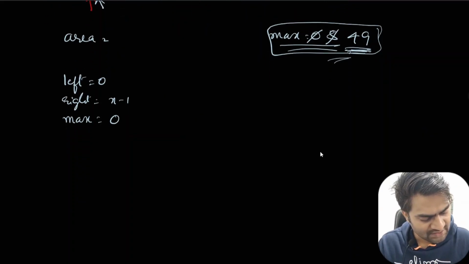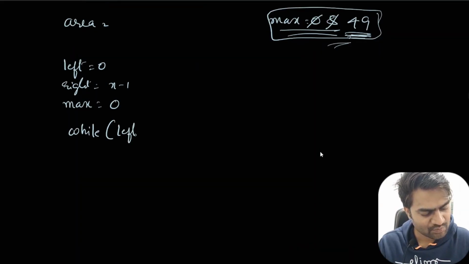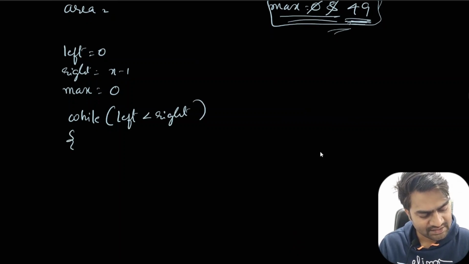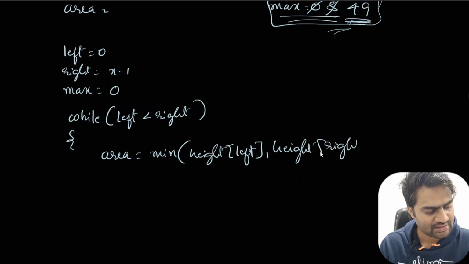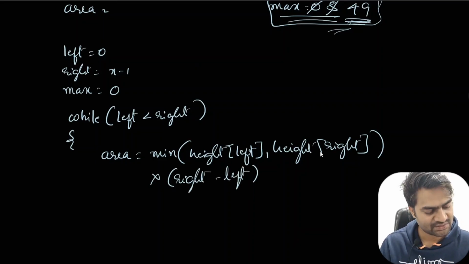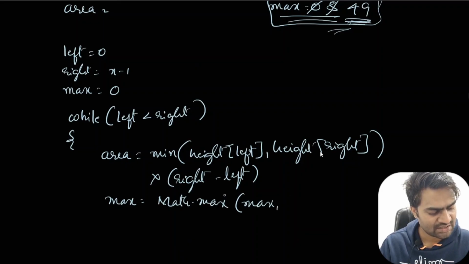Now with this I will say while my left pointer is less than right pointer, I will find the area equal to minimum of height of left comma height of right into right minus left. Okay, so this will give us area.